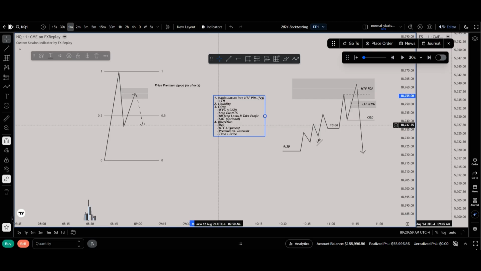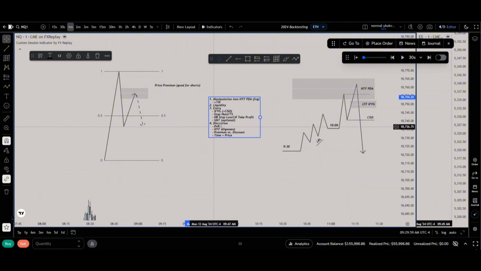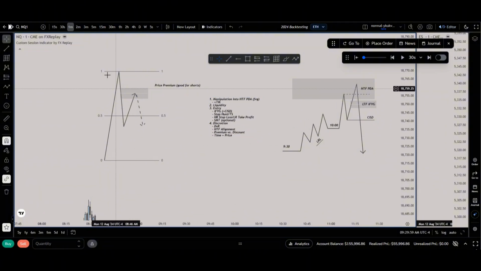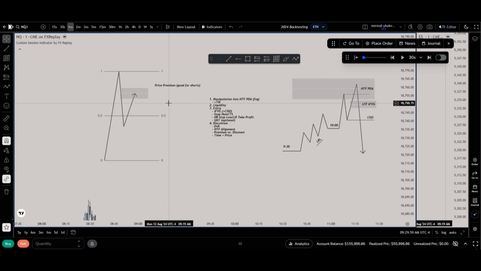And also there's a bunch of other discretional things, I guess you could say, but things I definitely take into account, which is very important for me. So disrespecting versus respecting, say this is high time frame. What are we respecting? Let me change this back.